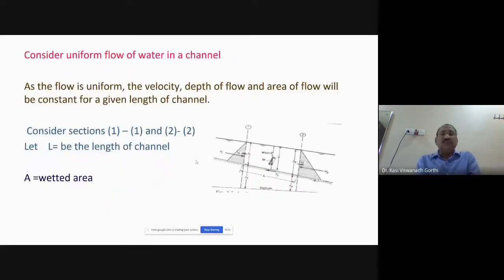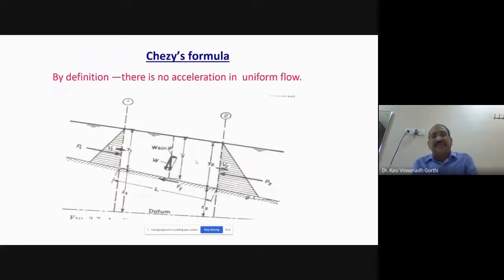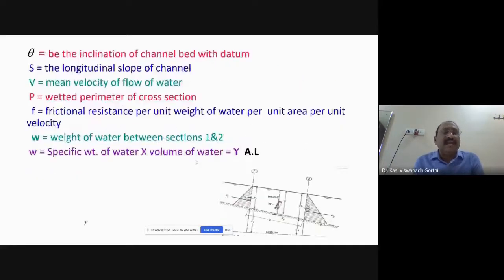So considering a uniform flow of water in a channel, as the flow is uniform, the velocity, the depth of flow, and the area of flow will become constant for a given length of the channel. But arbitrarily, we have taken V1, V2, Y1, Y2, etc. Later they become equal, right? A is the wetted area. Theta is the inclination of the channel bed with respect to the datum. And S is the longitudinal slope of the channel.